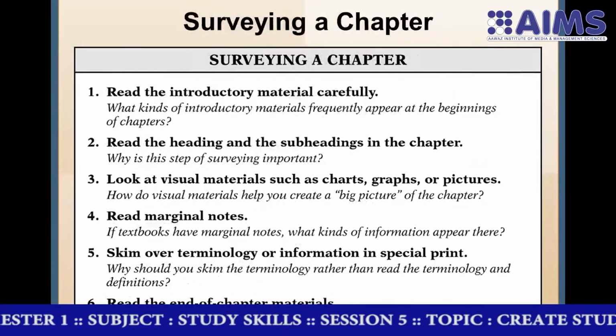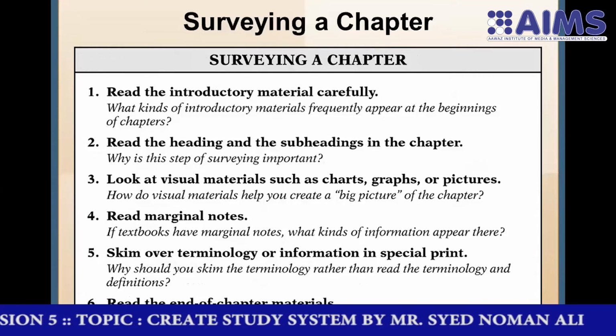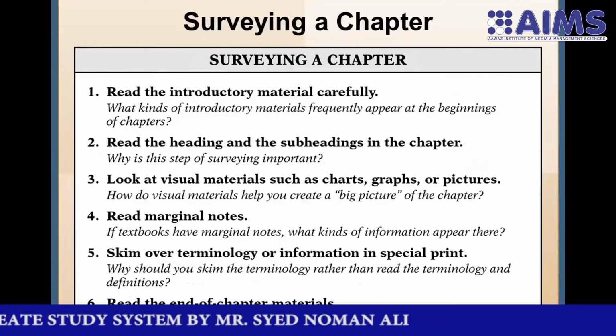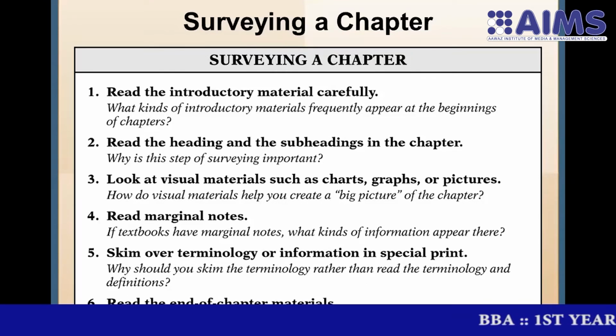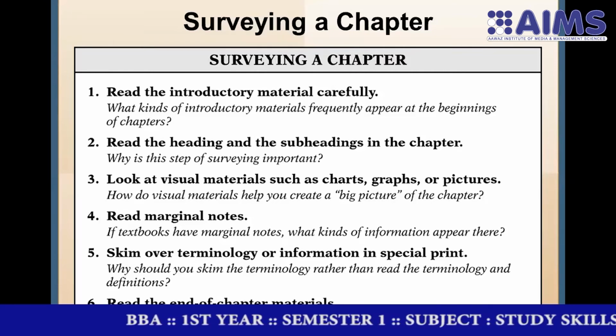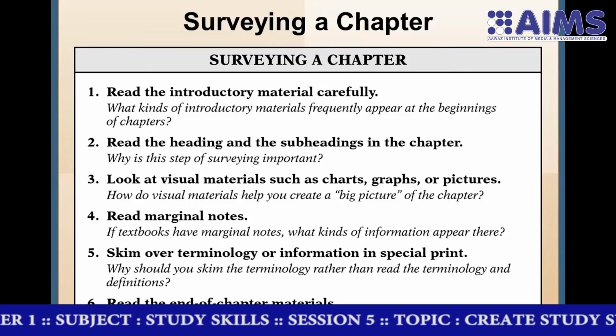When you survey a chapter, read the introductory material carefully. What kind of introductory material frequently appears at the beginning of the chapter? In the opening, what are the main areas, what does the writer want to say, and what are the key points there? Read the headings and subheadings in the chapter.